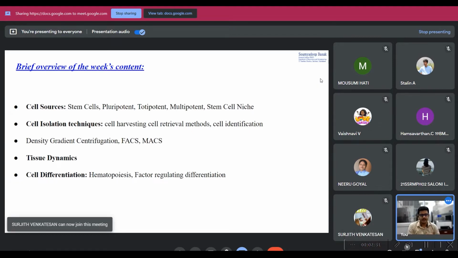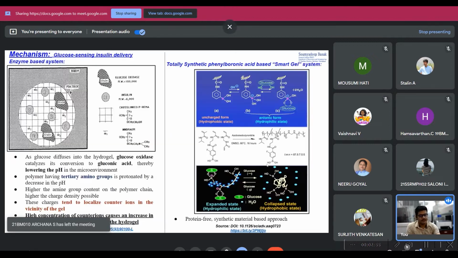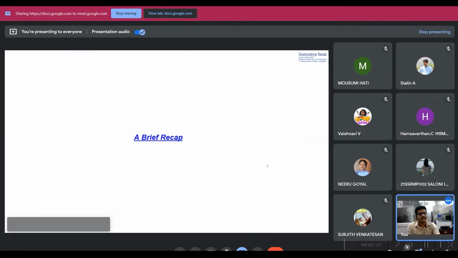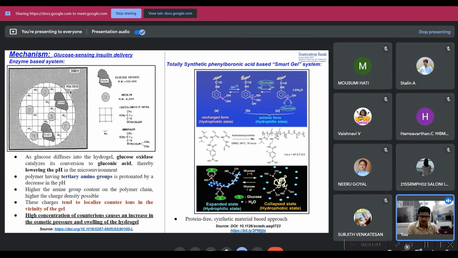Along with that, I wanted to start off with a very basic recap of what we have been studying in these PMRF sessions. I hope you remember the glucose sensing mechanisms, both natural and synthetic.